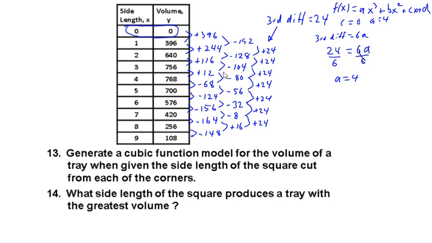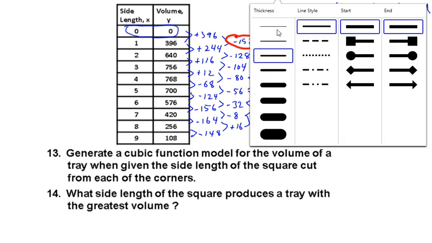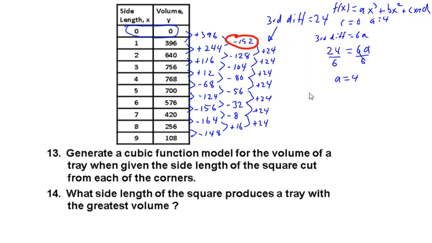Now next, the first second difference, as we go from 0 to 1, we get negative 152. So the first second difference is equal to 6a plus 2b.